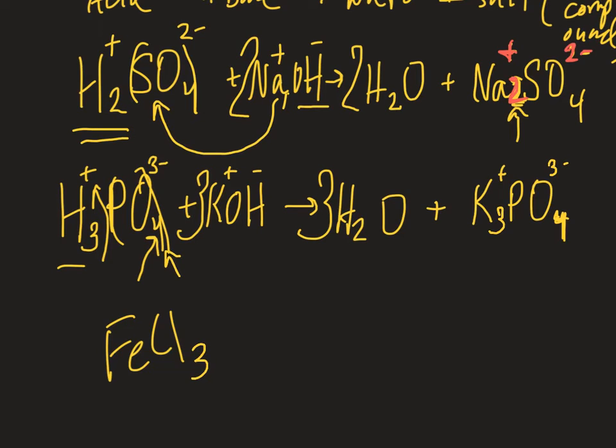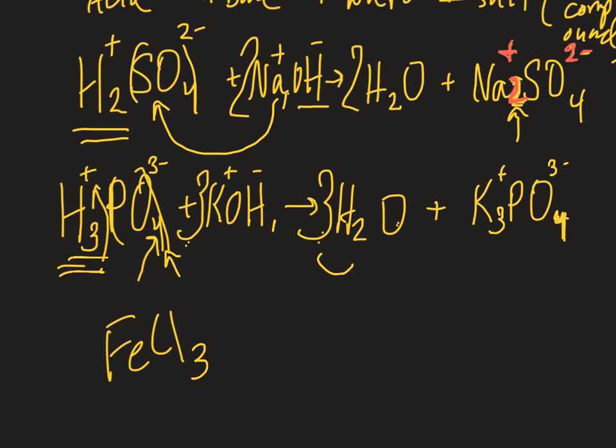So 3 phosphoruses here, right? Plus 3 times 1, which is 6 total on the left. 3 times 2 is 6 hydrogens on the right. 4 oxygens in the phosphate plus 3 more in the potassium hydroxide is 7 O's on the left of my equation. 3 times 1 is 3 oxygens plus 4 is 7.